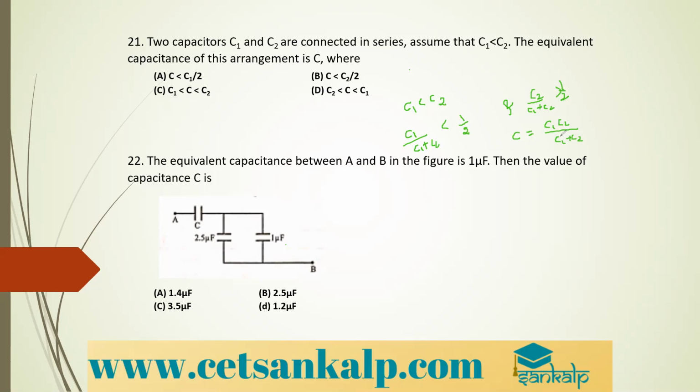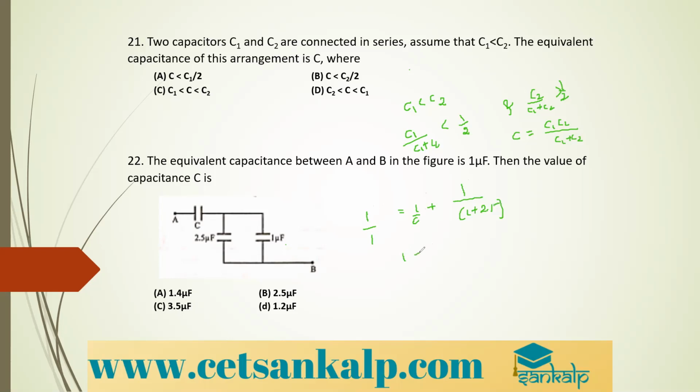From the figure, you can see it is connected in parallel. Therefore, with C value as 1 microfarad, I'll take 1 by 1 is equal to 1 by C plus 1 divided by 1 plus 2.5.